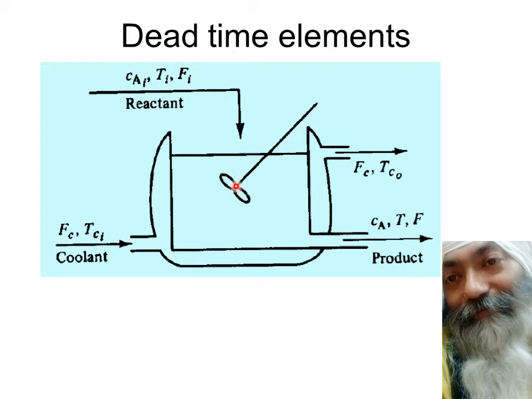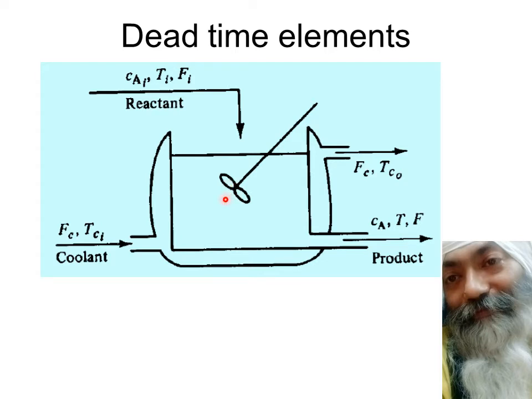Some exothermic reaction is taking place, some coolant is flowing in the outer jacket and coming out from here, and the products going to the next stage get out from the tank at this point. We have already covered a number of things in the previous sessions.